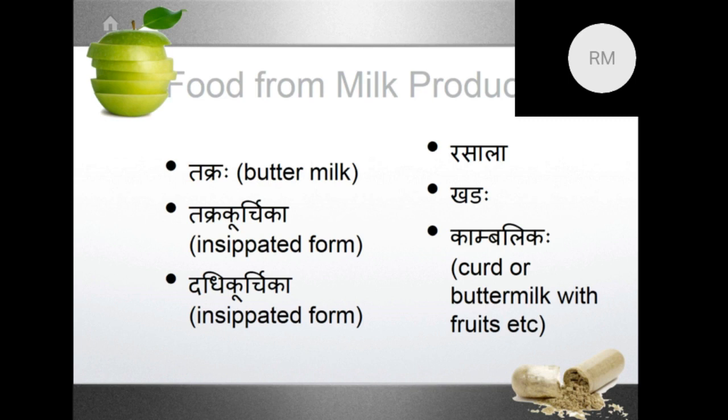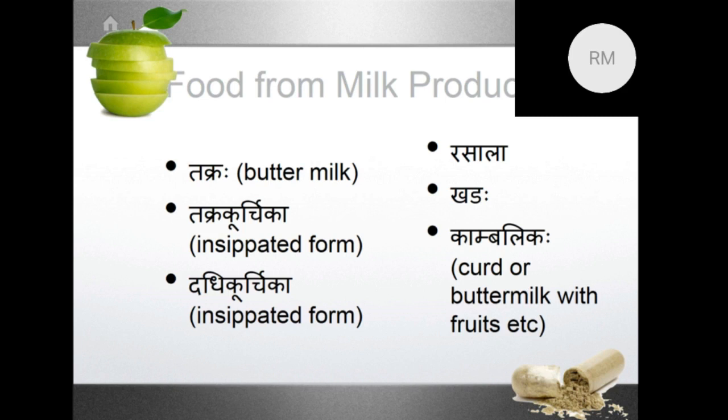Buttermilk is used as buttermilk liquid, and also in its incipient form. Both yogurt and buttermilk are solidified and taken. That's one way in which to use. They can be used as liquid, or you can add curd or buttermilk with fruits.